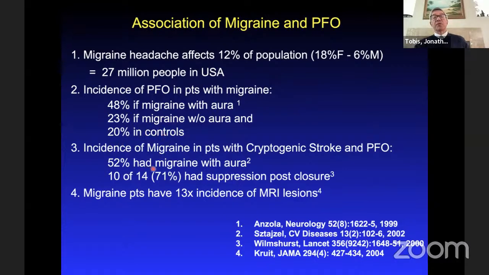And then there have been several studies that show that in those patients who have cryptogenic stroke, about half of them have migraine with aura. And one study showed 70% suppression of their migraines after you close the PFO to prevent recurrent stroke.